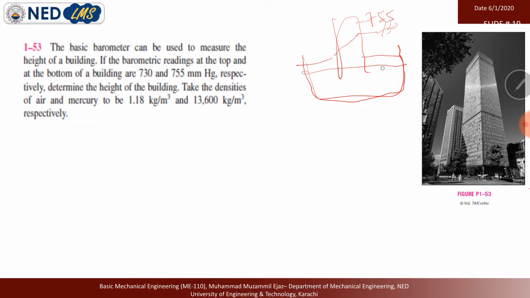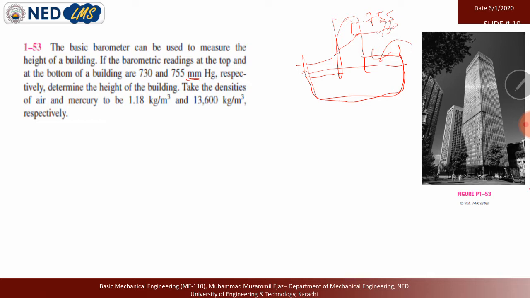At the bottom the air pressure is more, so it exerts on the mercury, the level goes down, and the reading is 755, respectively. Determine the height of the building. Take the density of air and mercury to be 1.18 kg per meter cubed and 13,600 kg per meter cubed respectively. In this tube the fluid is mercury, that's why the level in millimeters is given with reference to Hg, the symbol of mercury.